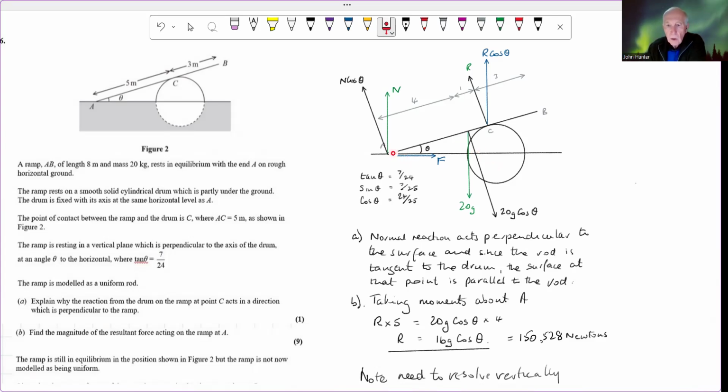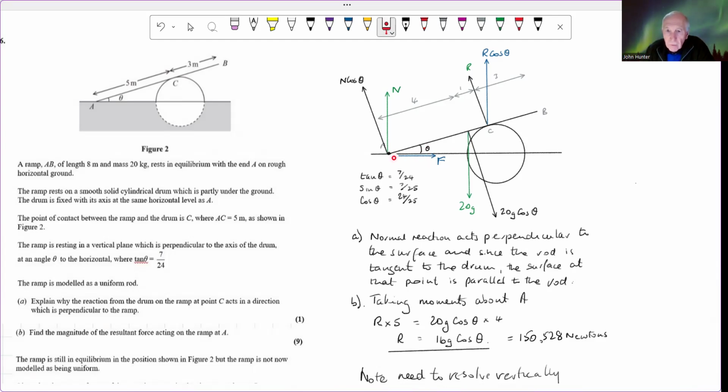The first thing is that I think we should observe that if we take moments about A, we're going to get rid of some of this complexity around the friction, and that's generally true of these moments problems. If we take moments about a point where there are forces we don't need at this stage, it will eliminate those forces.